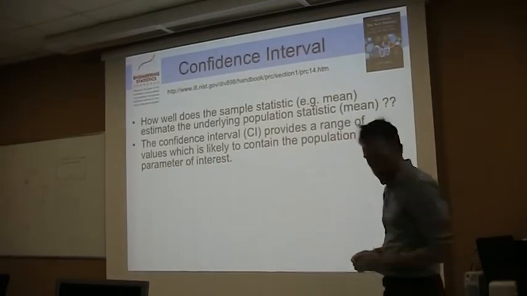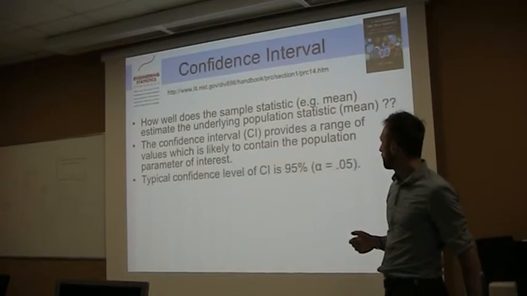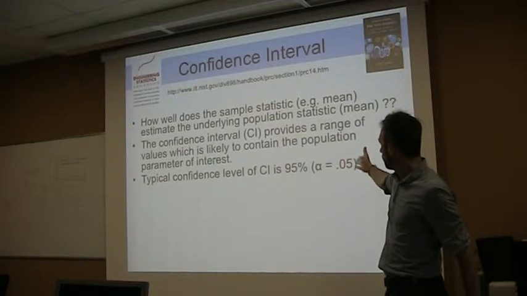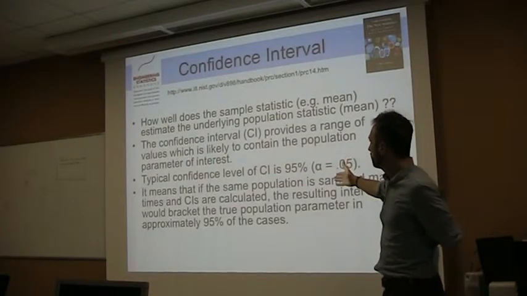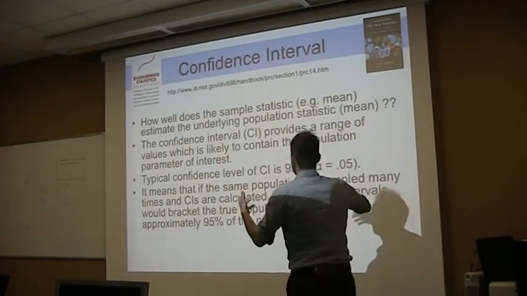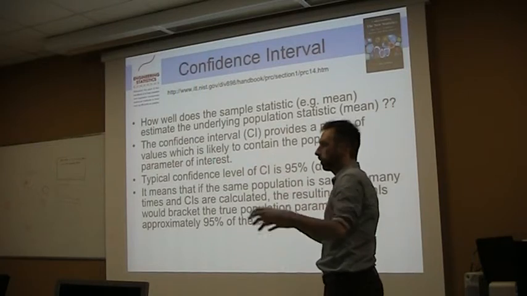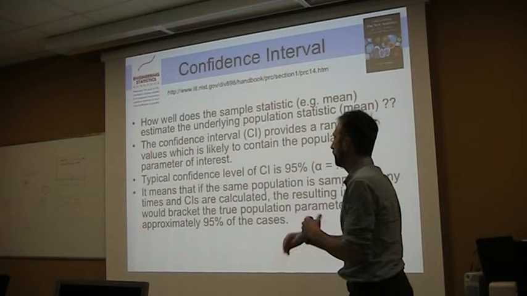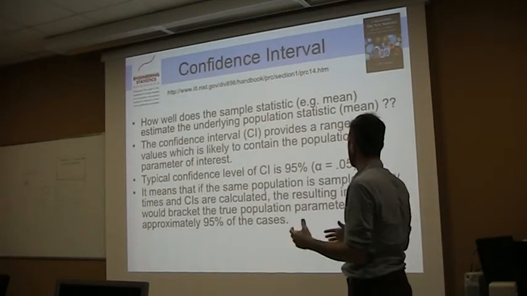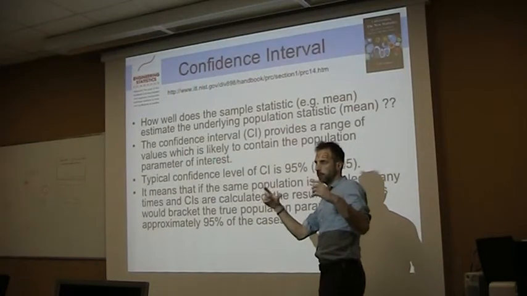In this population, which is the PhD students. Typically, since we have an alpha of 0.05, we choose a 95% confidence interval. It means that if you were to sample groups of first-year PhD students many times, put them through this test and get the mean, the confidence interval would contain 95% of these means.